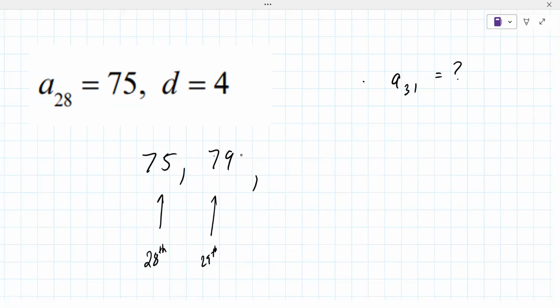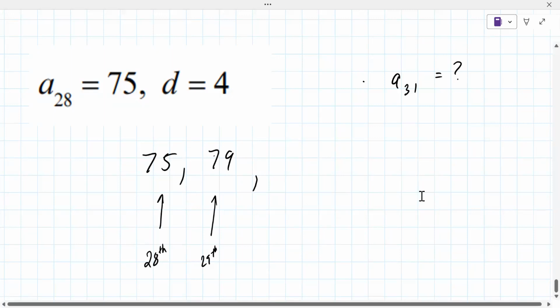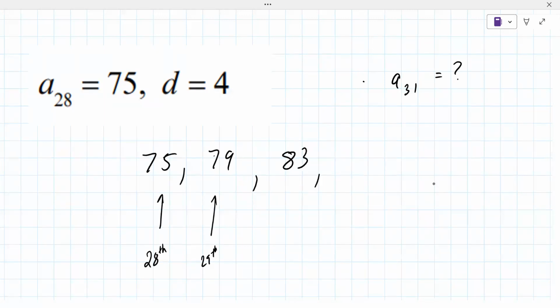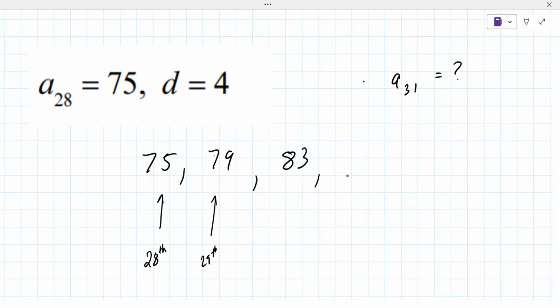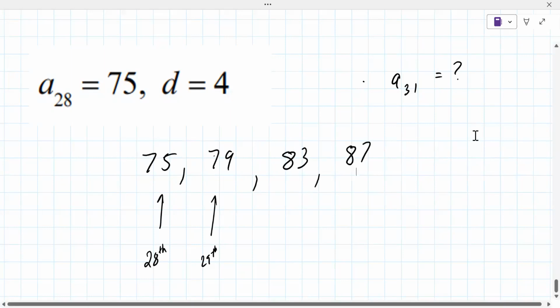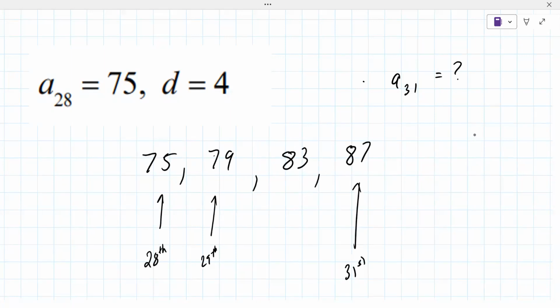How about the next one? 83? Okay. Are we there? Is that the 31st term? No, it's the next one. Okay, what's the next one? 87? Okay, good. So we know that the 31st term is 87.